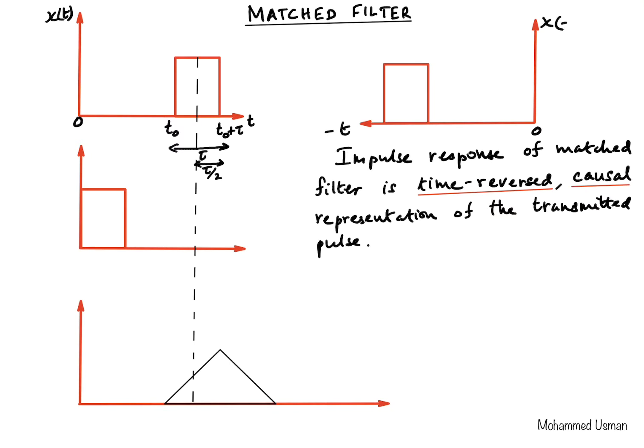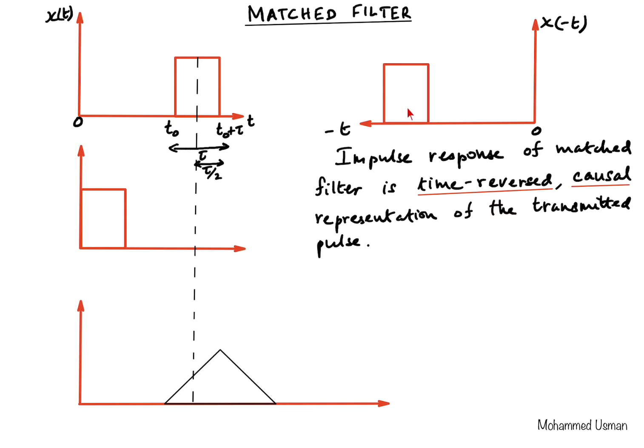We cannot have this as an impulse response, because if it were the impulse response of a filter, it would be giving an output before time 0, and that is not possible in the real world. You cannot have an output before the input. So this is non-causal, and we cannot have x of minus t as the impulse response.